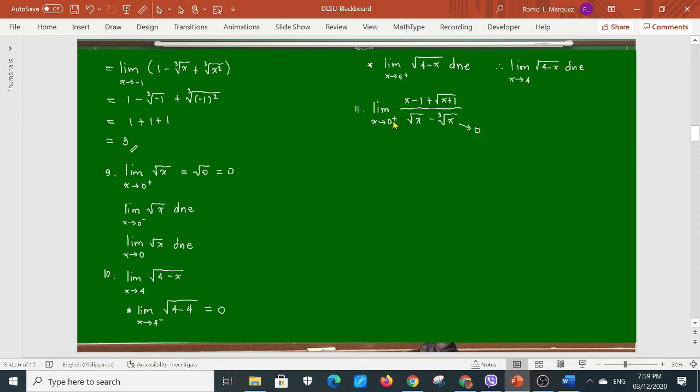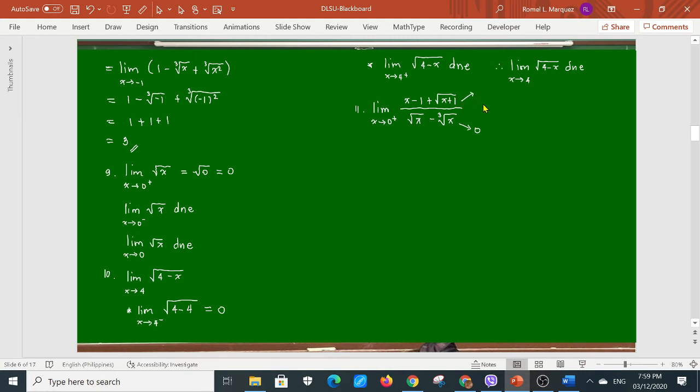Pero kung nakalagay, let's say, x approaches 0 only, does not exist automatic yan. Why? Because this radical does not exist kapag approaching 0 lang. Pag approaching 0 from the left, it still does not exist. Kaya dapat from the right para mag-exist. Affected nito yung lahat. Okay, guys?